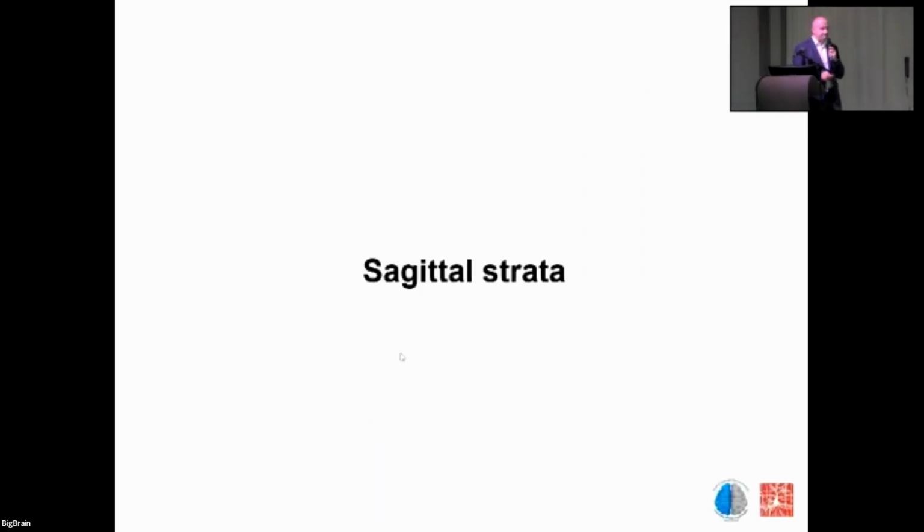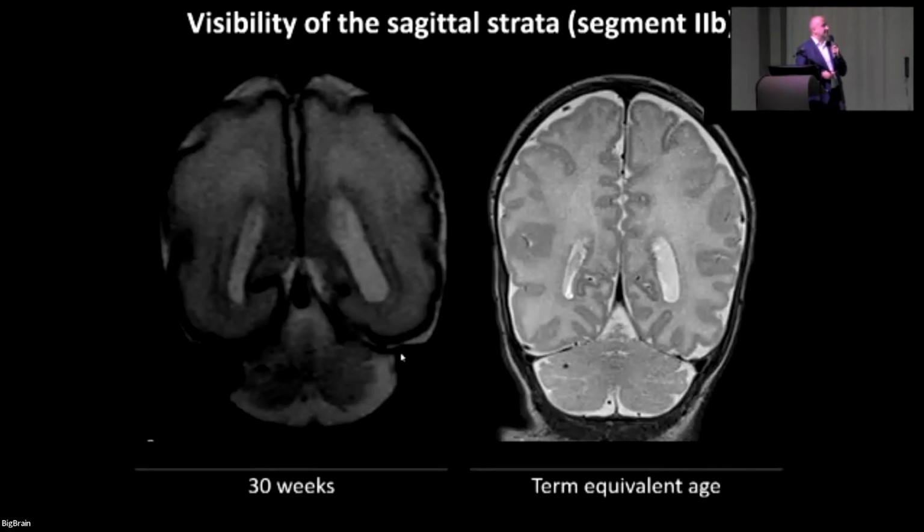And finally, I came to the sagittal strata, which is another structure that we believe could be very useful in clinical practice, because, at least from a few of our works, it seems to be a good biomarker of normal and abnormal development.